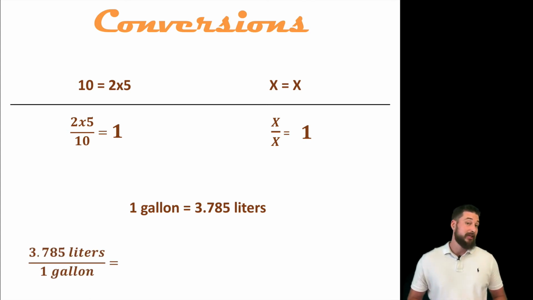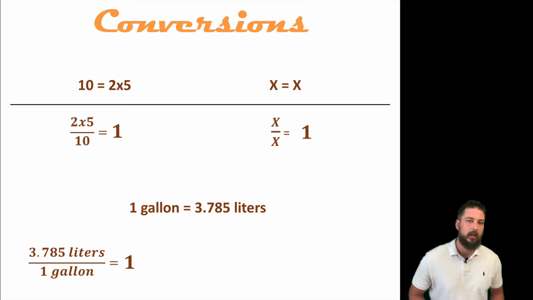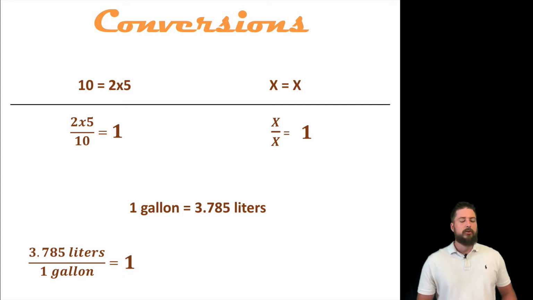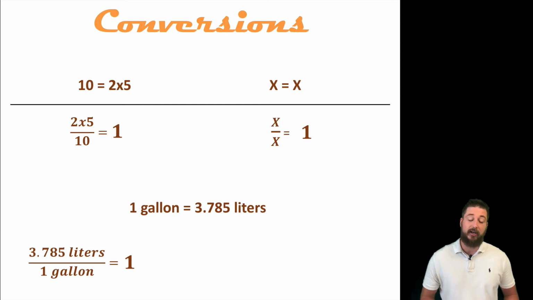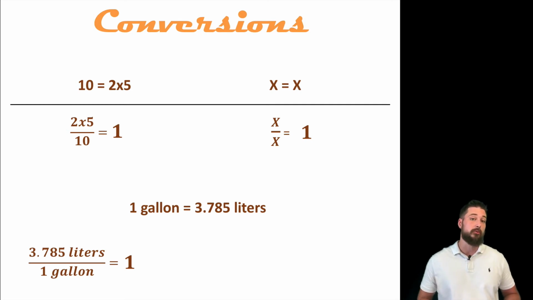What you would end up getting is something that is equal to 1 because they're equal to each other. Now, I know that mathematically you're going to look at that and say, oh, that can't be so because we know 3.785 divided by 1 is equal to 3.785. But the point is that because those are equal to each other, when you divide them, it is equal to 1.